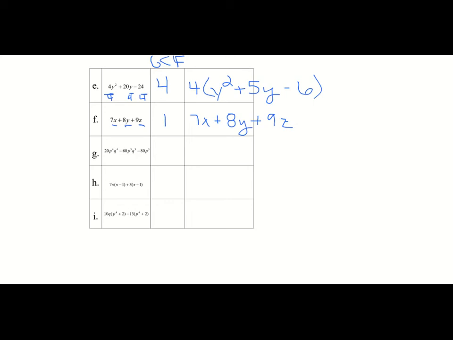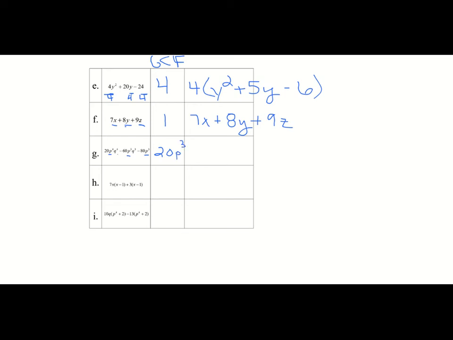All right, for G, we have 20, 60, and 80. My greatest common factor here, I know for numbers it's going to be 20. Now, all 3 terms have a p, and it looks like p to the 3rd power is the lowest, so p cubed.